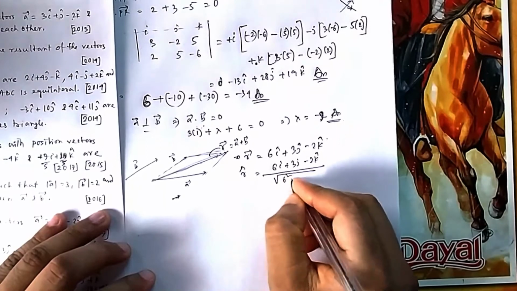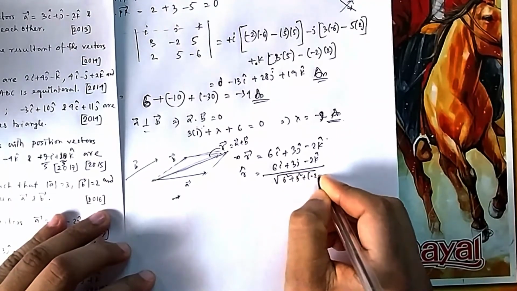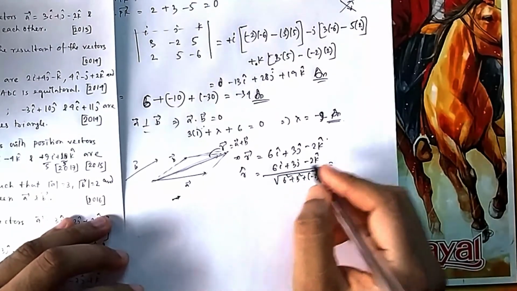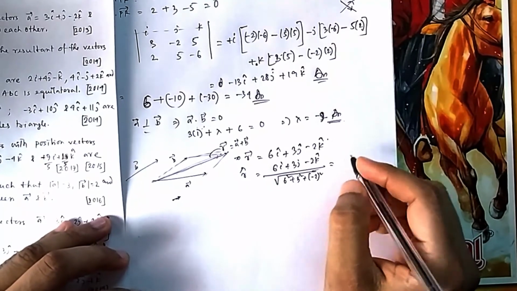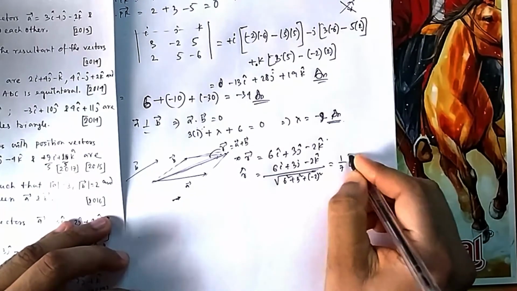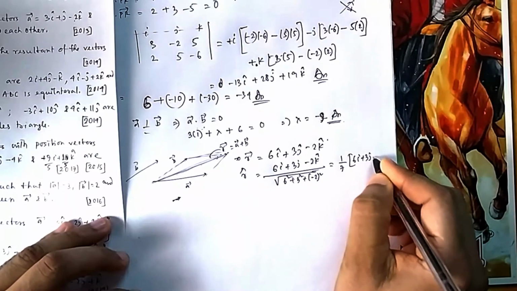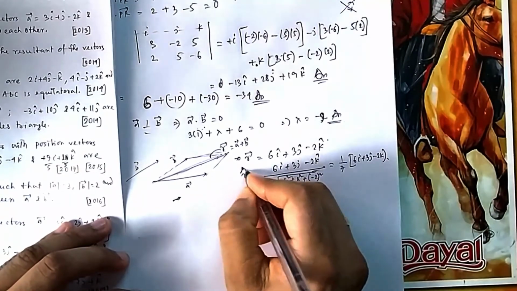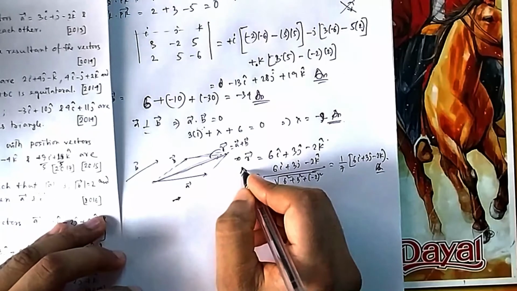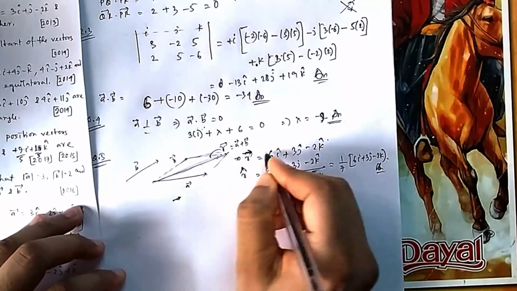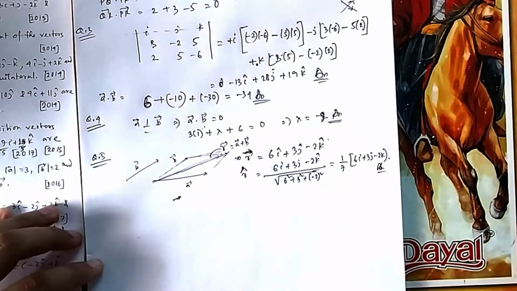Divide by under root of 6 square plus 3 square plus minus 2 square. So if you do this, you will get 1 by 7, 6i plus 3j minus 2k. So this is the r cap they are asking for. It is a unit vector, that's why cap. For a normal vector we use an arrow. If it is a unit vector, then we generally mention it with a cap.